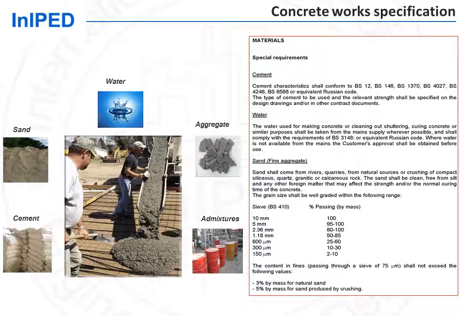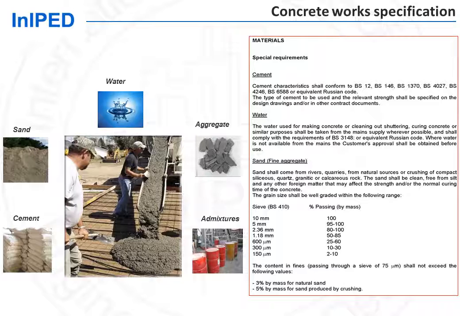As you know, concrete is a mixture of sand, aggregates, water, cement, and admixtures. All these materials need to be specified, and this is the purpose of the concrete works specification. One such civil works specification is issued for each type of work.